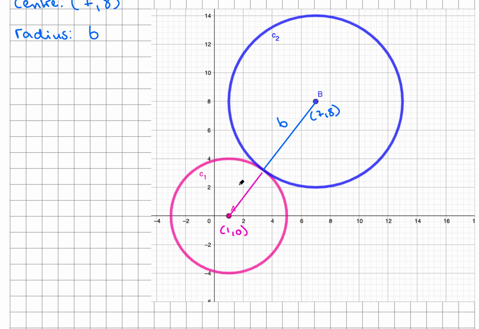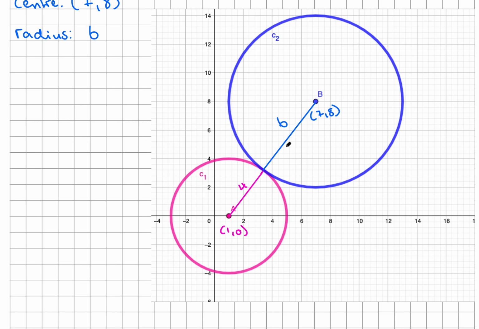So this is what we have here. We've got our two radii and our two centers, and what they're asking us to show is whether they touch externally or internally. We can see from this diagram that they touch externally, but how do we prove that?